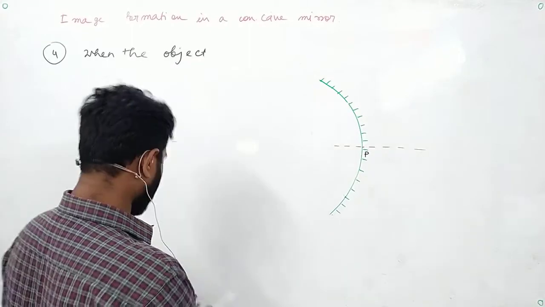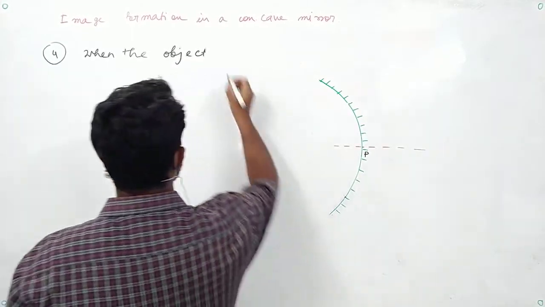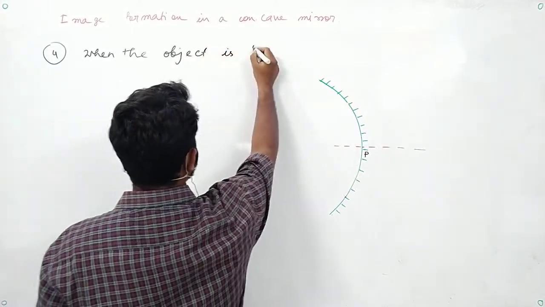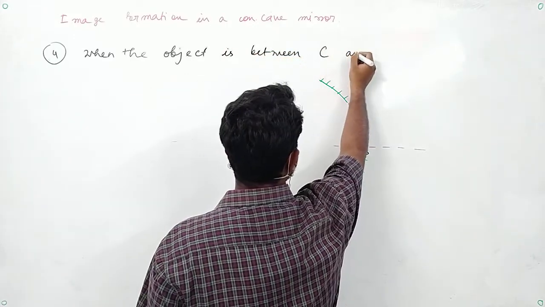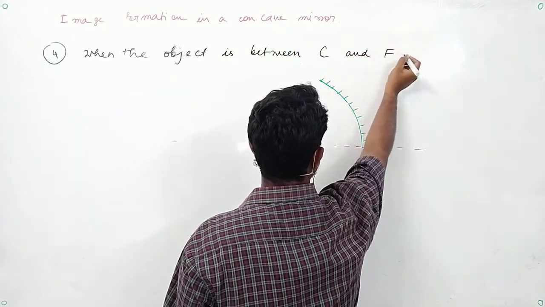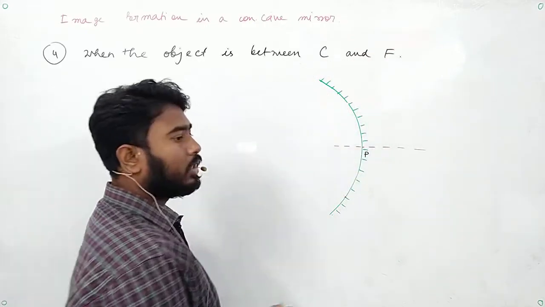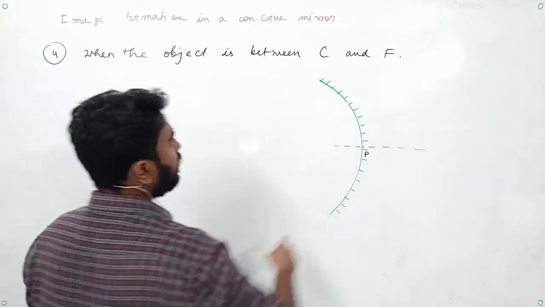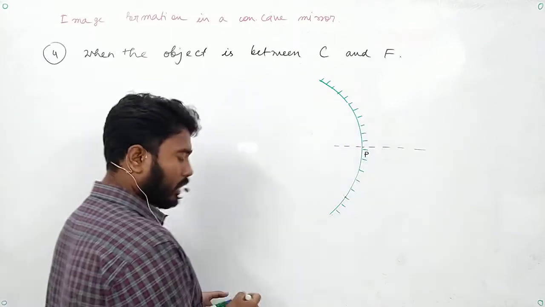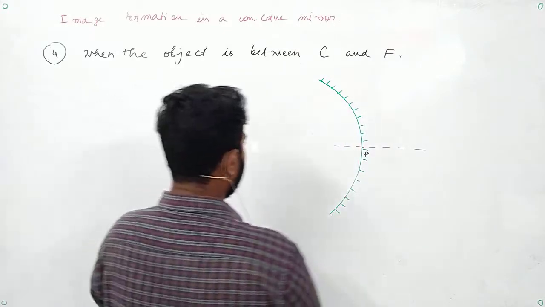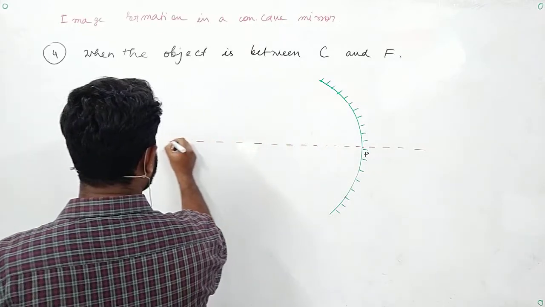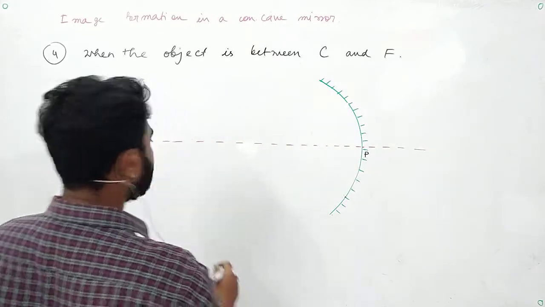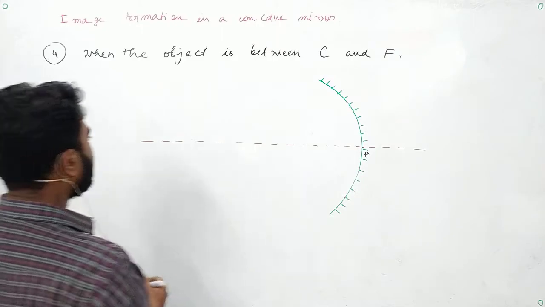Now when the object is between C and F, what does C mean? C means center of curvature, F means focus. Okay, so this is the principal axis.